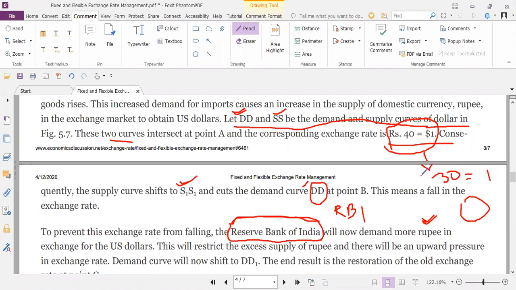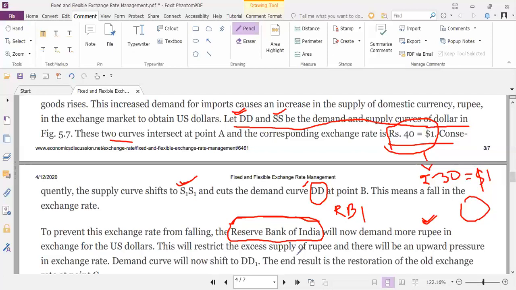This is rupees and this is your dollar. So this is how the exchange rate has fallen. The RBI will now demand more rupees in exchange for US dollar.